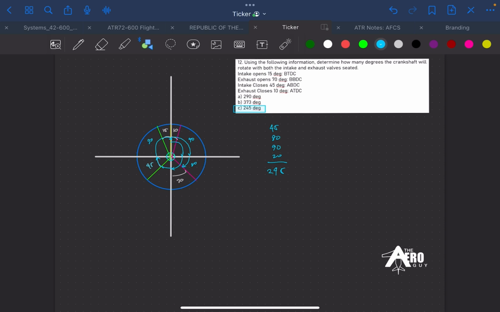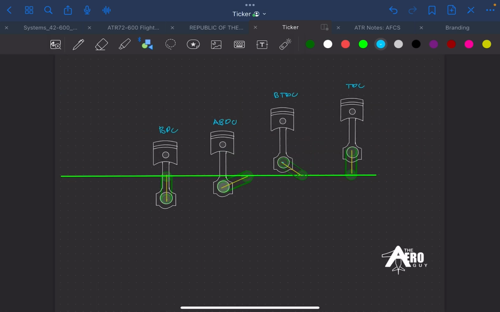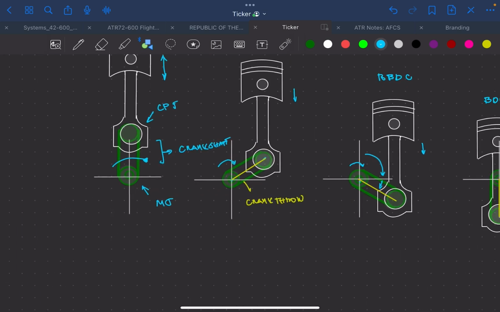Again, the foundation for this problem is your understanding of the motion of the piston with respect to the crankshaft. You also need to remember that the piston is not directly attached to the main journal of the crankshaft, but only at the crank pin journal.